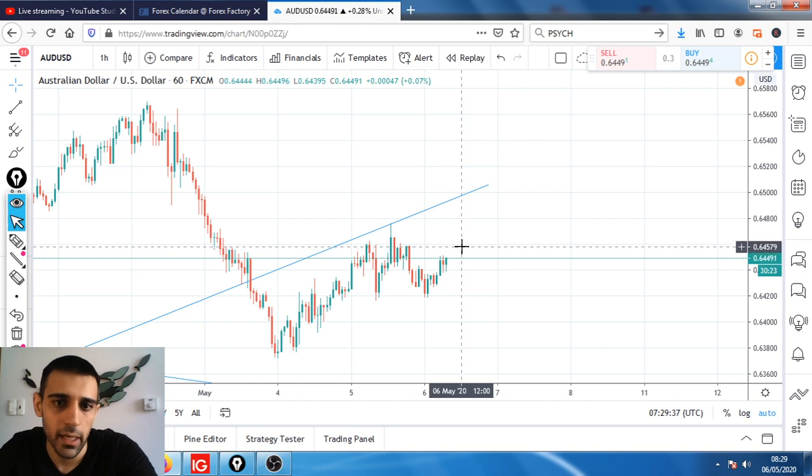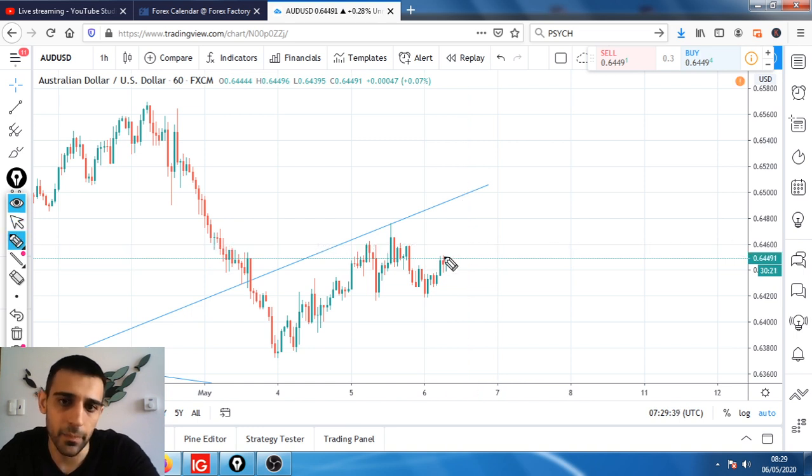So far it has not really done much to make me want to jump into the short side, apart from yesterday when I was looking, but then the setup did not work out. So in here this is more like an observation for now. I do want to see the price coming down. Let's say it has to do it in the next couple of hours. I don't think it's going to do it for this and next hour, definitely not.